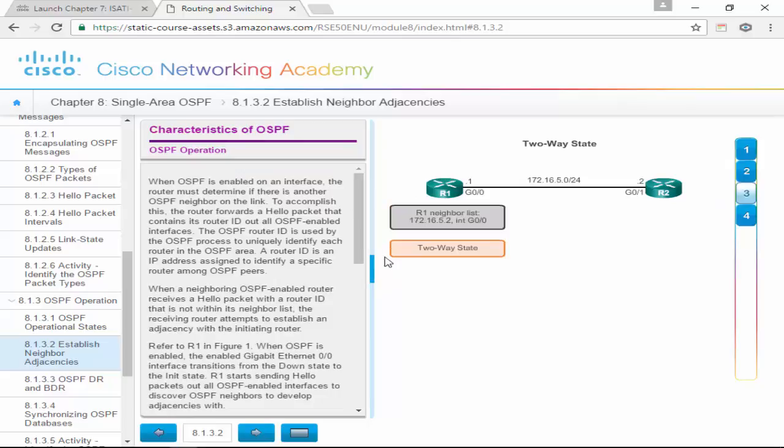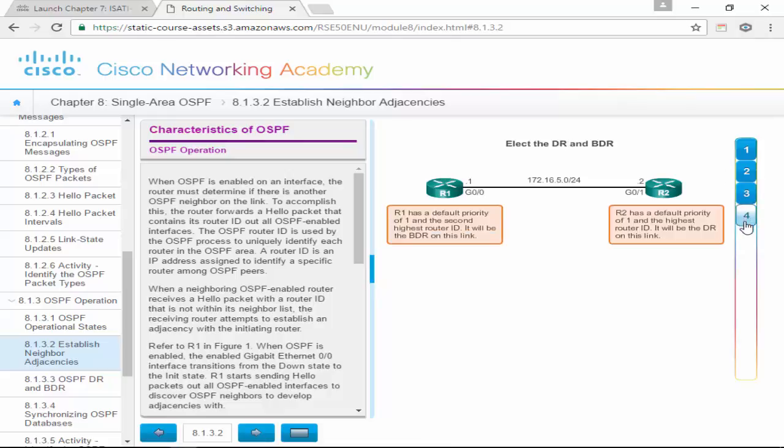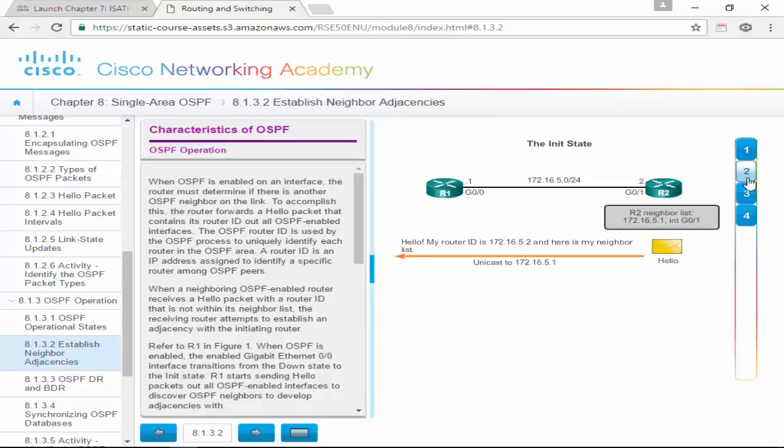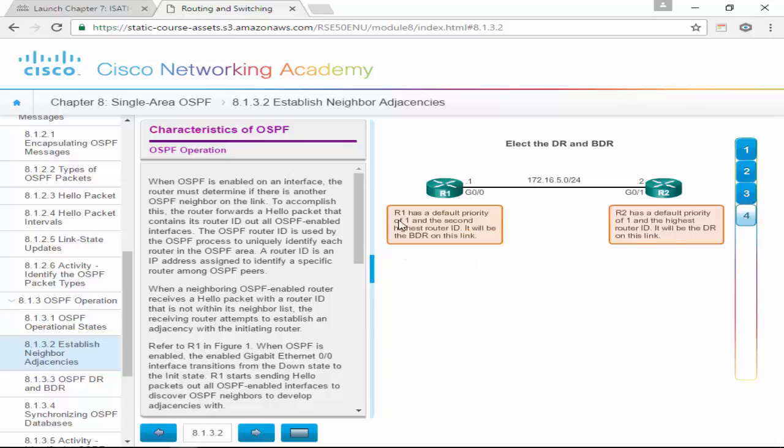I think an easier way to understand it is the reason. So in OSPF, how the DR is chosen is the highest IP address. So we have this one of 5.2 and this one of 5.1. So as you can see, but they changed the default priority.